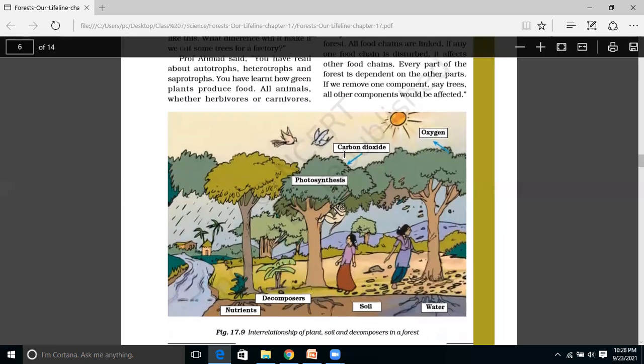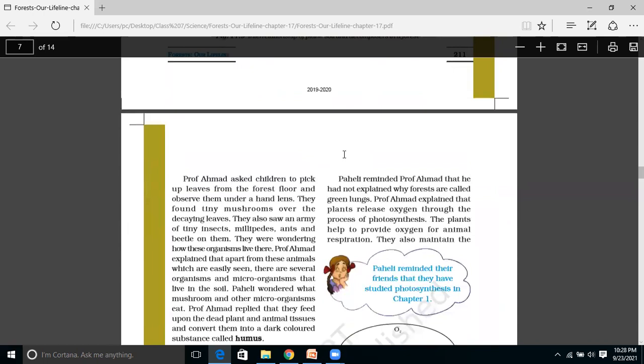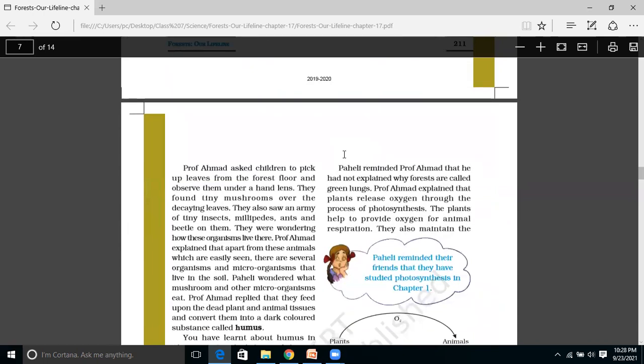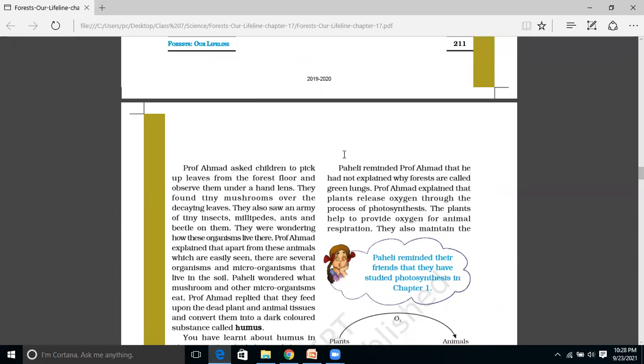As they were walking in the forest, they saw on the floor some mushrooms and some insects and millipedes and ants and beetles. So then they were wondering, how do these microorganisms survive?